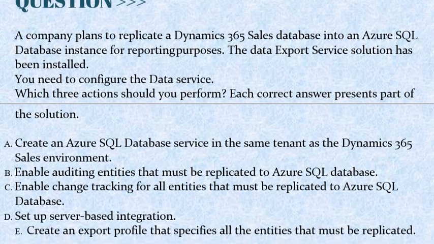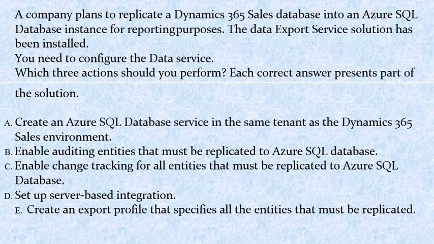The options are option A, create an Azure SQL database service in the same tenant as the Dynamics 365 sales environment. Option B, enable auditing entities that must be replicated to Azure SQL database.